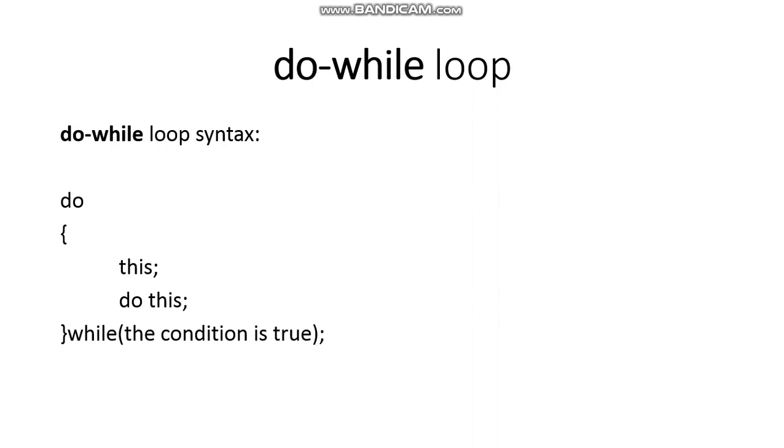Now how does it run? First of all, the control will come to do inside the curly braces. It won't check the condition for now. It will first execute the statements within the curly braces. Whatever the statement is, whether it is to print or do some particular task, it will first do it. It won't check the condition, and after closing the curly braces, now it will check the condition. If the condition is true, then it will go for the next run, and if the condition is false, then it will terminate.